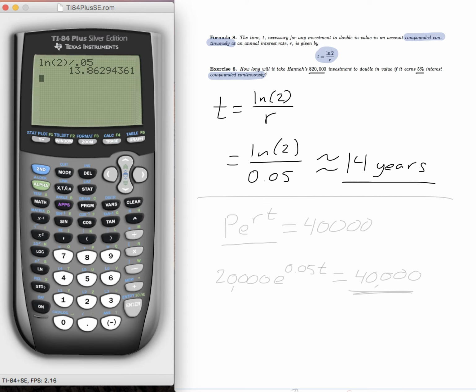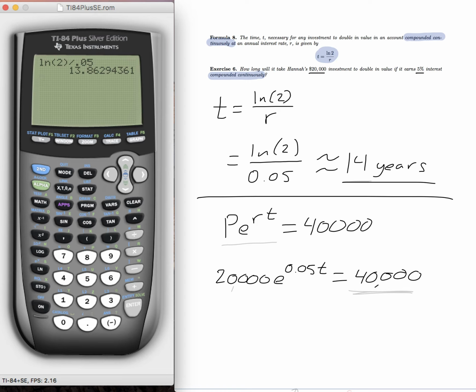Now, does that time frame make sense? Well, you could set this up in a different way. You could say, when will P e to the RT be equal to 40,000? In other words, when will the amount that she invests at this rate be equal to 40,000?